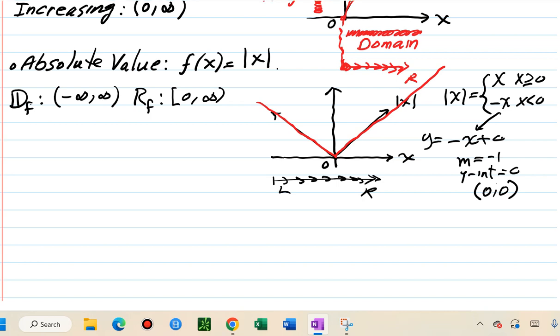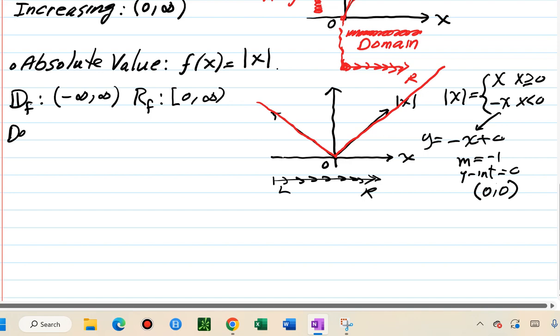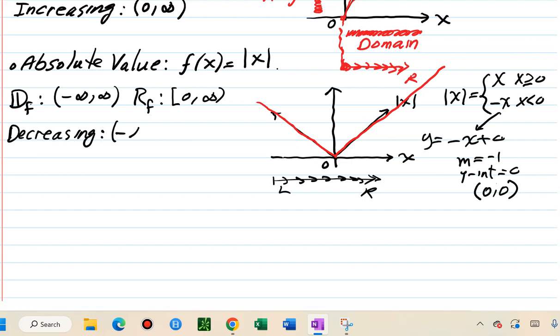So we actually have 2 segments here, right? The function is decreasing from negative infinity up to 0. And then it begins to ascend or go higher, increasing as it goes from 0 to infinity. And there we have the graph of the absolute value of x.